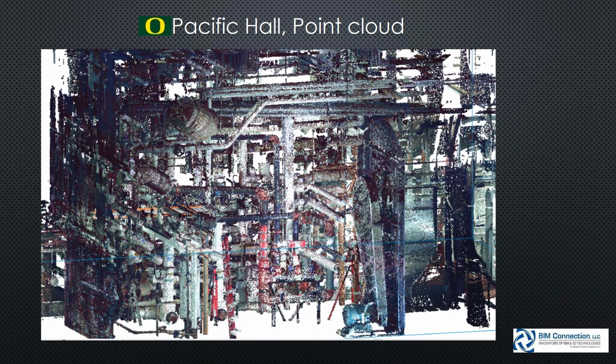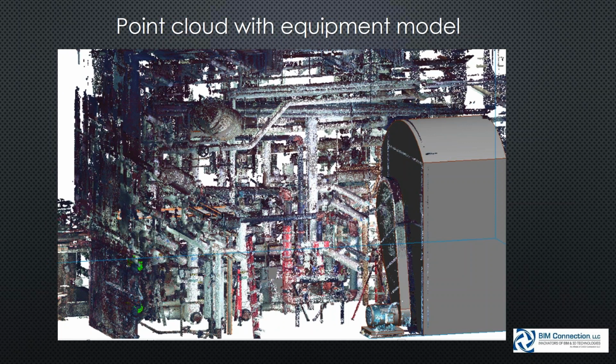So we receive a point cloud from our scan partners. And in this case, we're looking at the mechanical room of Pacific Hall. Next slide, please. And it does take a second for it to refresh on your end. So then we just model the equipment in Revit.